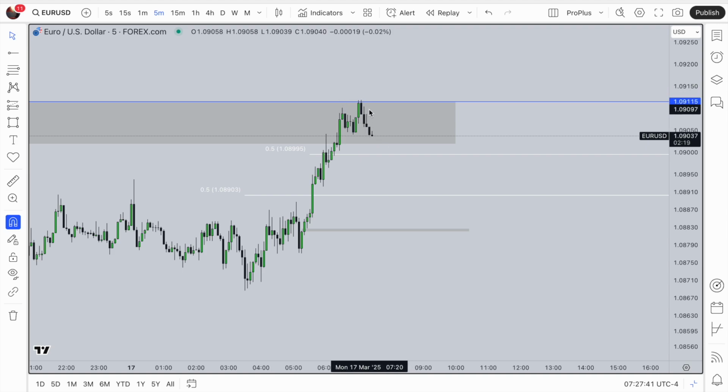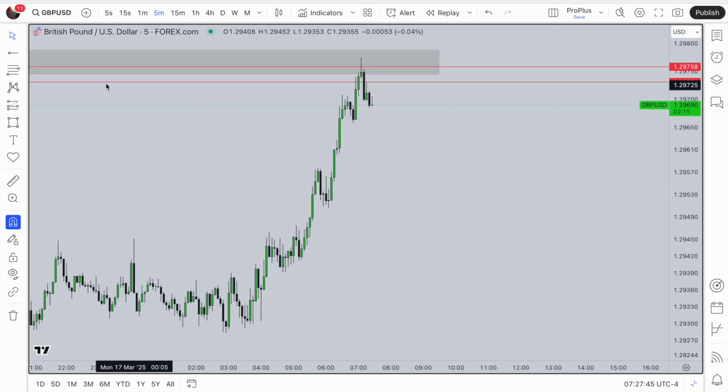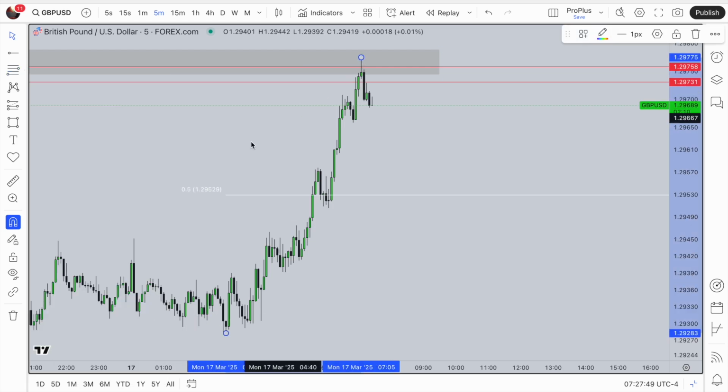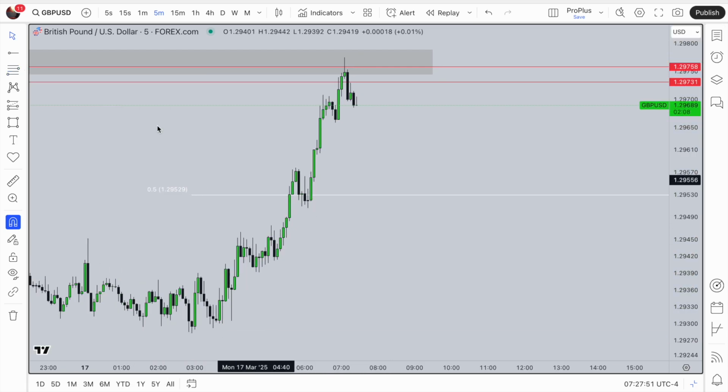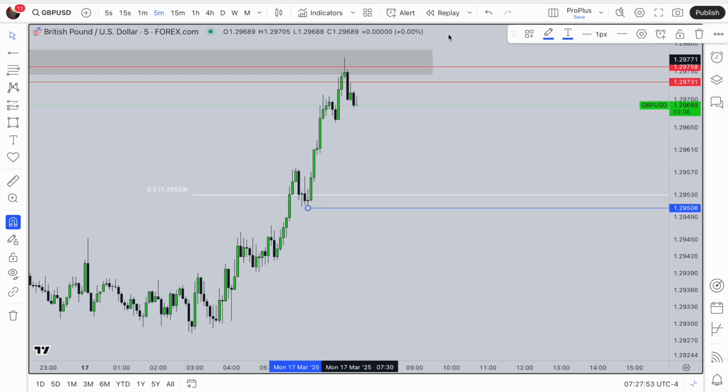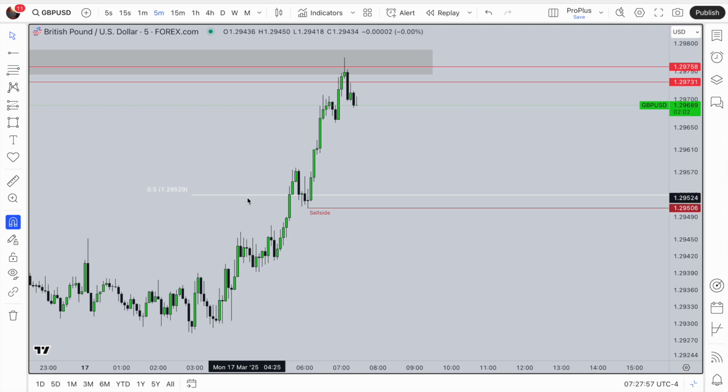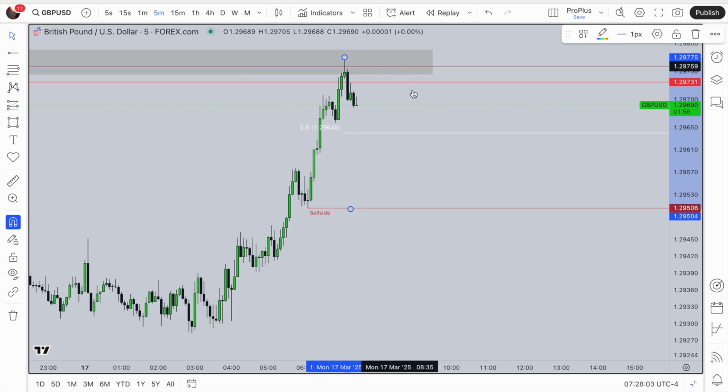So selling anywhere above here. Pound, similar thing. Sell side here would be the drawn liquidity. BISI here as well. So that'd be the draw. Sell anywhere above here.